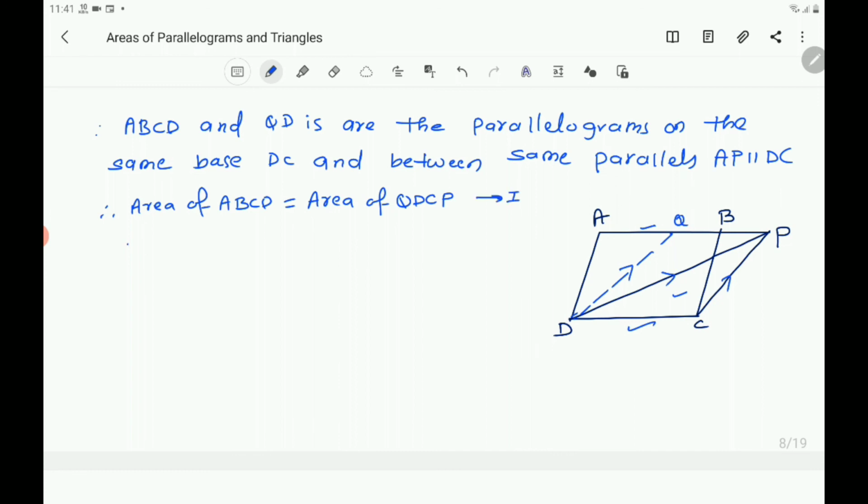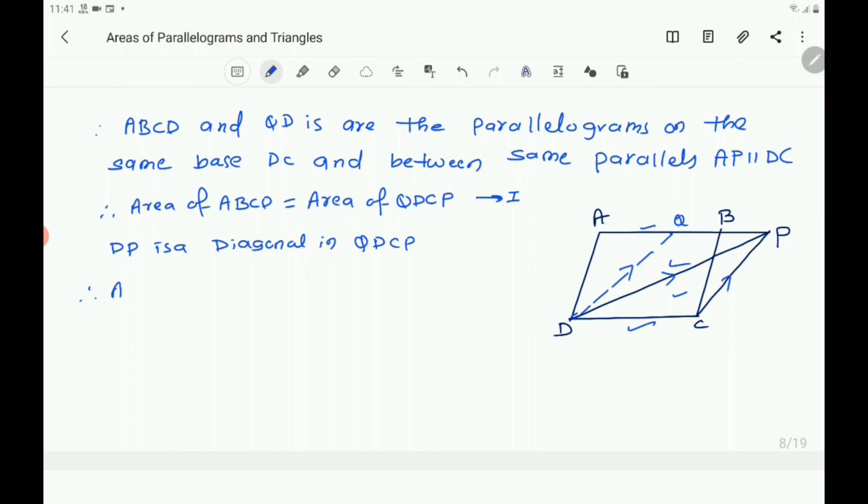Then you take DP, a diagonal of parallelogram QDCP. DP is a diagonal in QDCP.